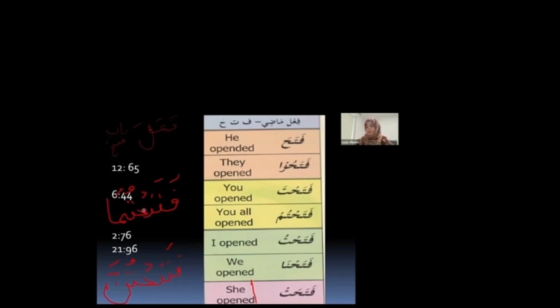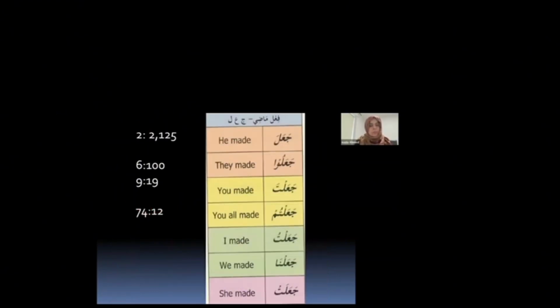I want you to open your Qur'ans. Surah number 12, ayah number 65. Fatahu, that's right. وَلَمَا فَتَحُوا مَتَاعَهُمْ. So now you can see the three-letter word with suffix. Moving on. Surah number 2. You haven't done this word so far.